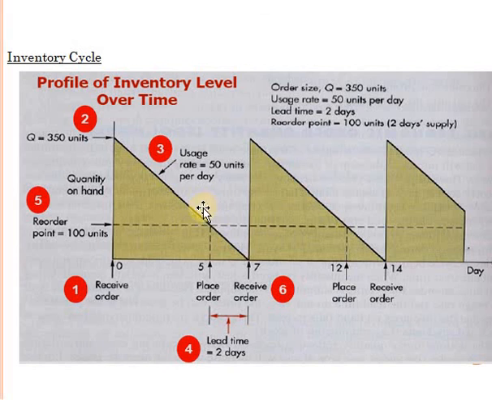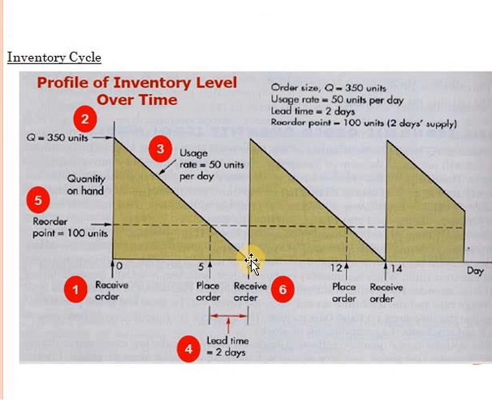How many units will you be using per day? Here the usage rate is 50 units per day. Now, you will keep using 50 units per day for one whole week, for 7 days. So 7 times 50 is 350. So you will need 7 days in order to deplete all the quantities that you have ordered.